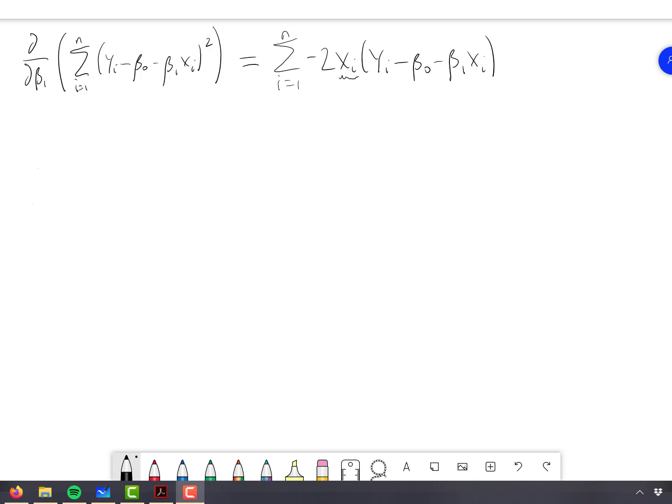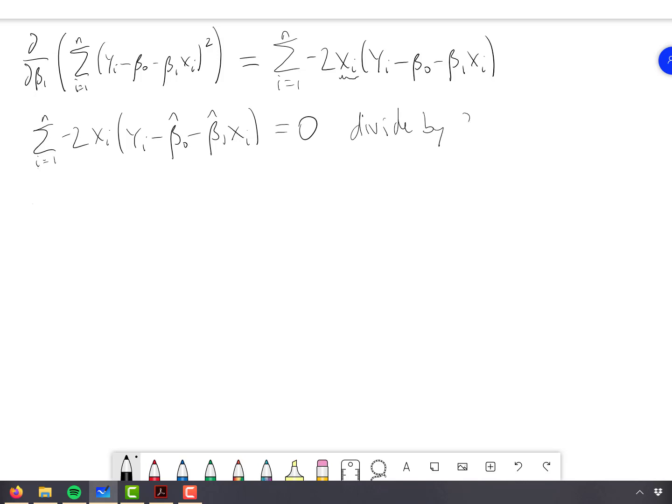Okay, so let's set this then equal to 0 to solve for beta 1. So we see here we have the sum from i equals 1 to n of negative 2 xi times (yi minus beta naught hat minus beta 1 hat xi) equal to 0. The first thing we'll do that'll be useful is to divide by 2 in this case to get rid of that constant term which really isn't doing anything for us here.